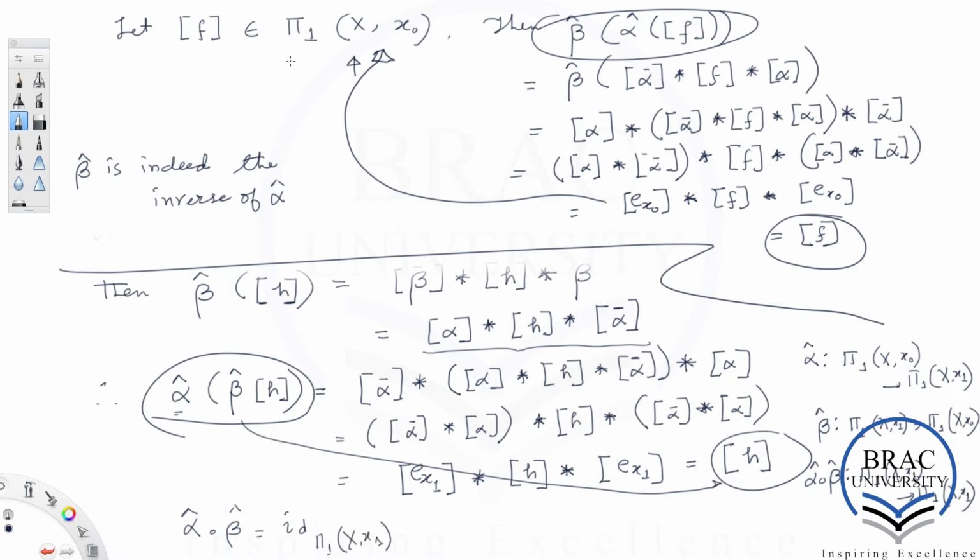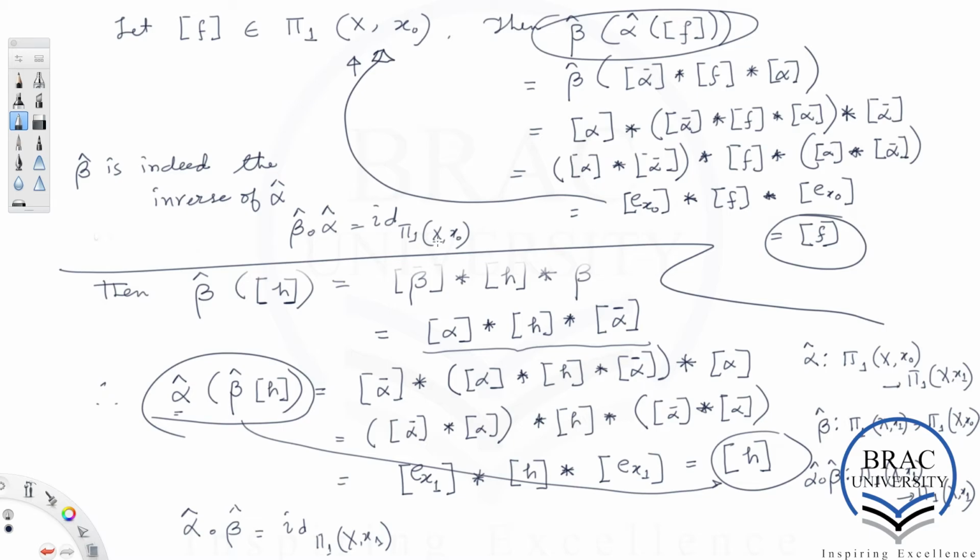Similarly, we have shown here that beta hat composed with alpha hat is the identity map on pi 1 X comma x0, which means that one is the inverse of the other, or beta hat is indeed the inverse of alpha hat.